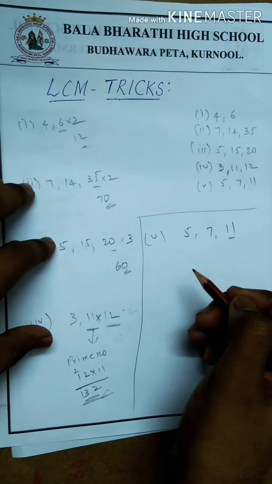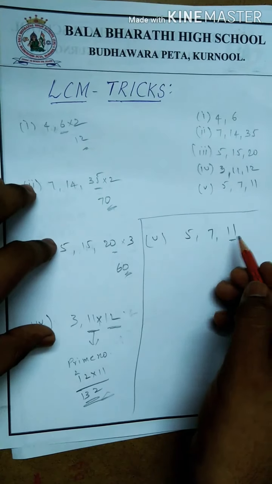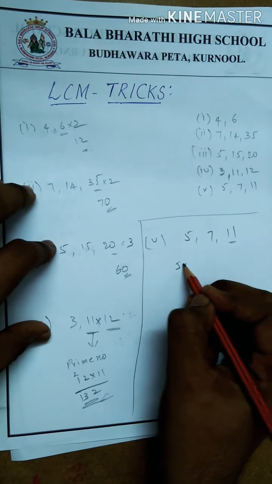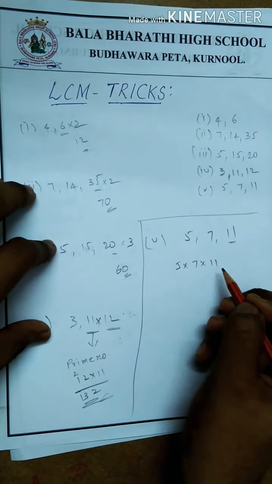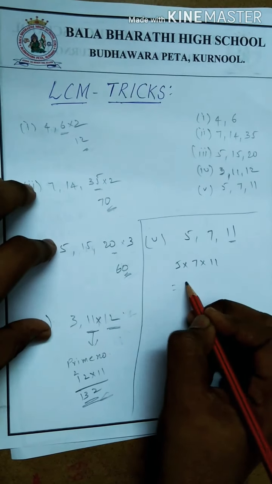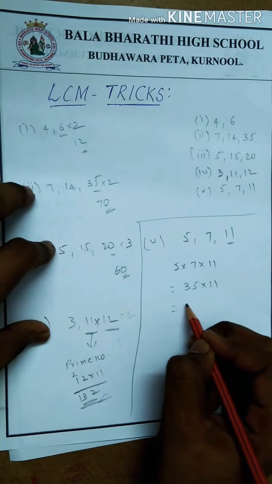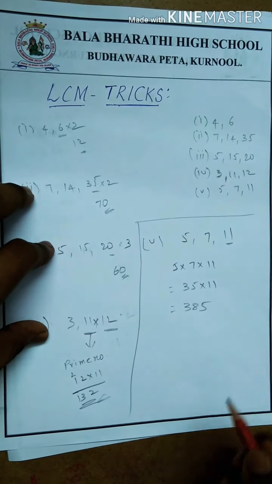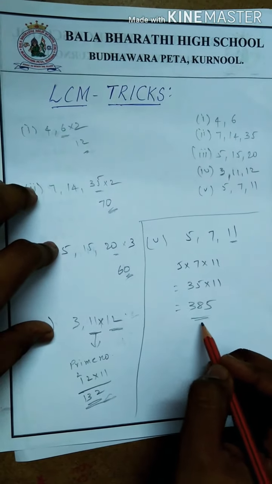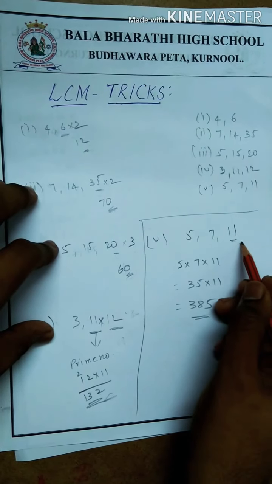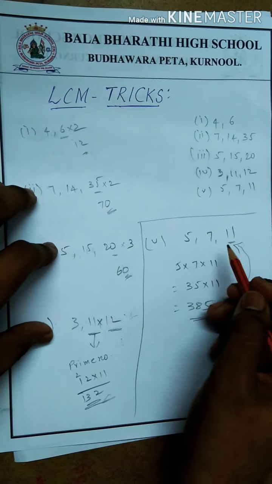So what you need to do is you just multiply these three numbers, like 5 into 7 into 11. 5 7s are 35. 35 into 11. What is 35 11s? 385. Therefore this 385 is the LCM of 5, 7, 11.